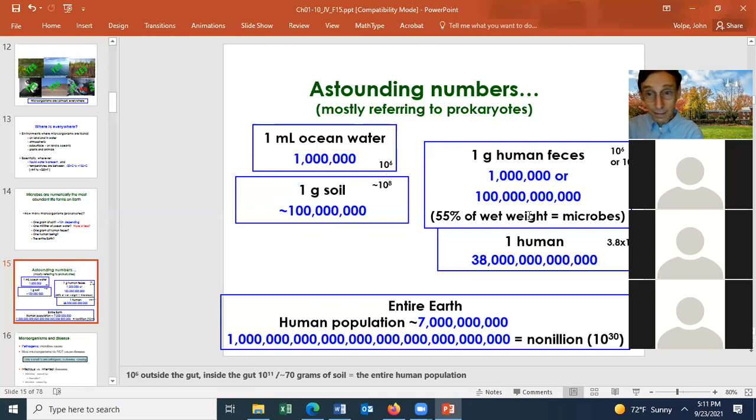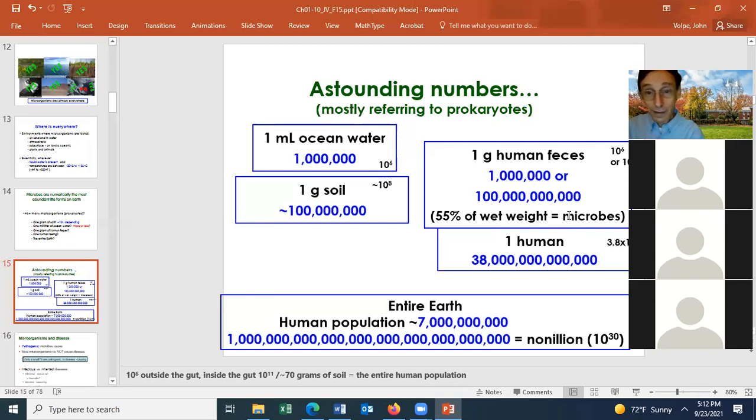Human feces, generally, if it's fresh feces, it's around 1 times 10 to the 11th microorganisms per 1 gram of feces. And actually 55% of the weight of human feces is from the weight of microbes. That's just something to store as trivia.